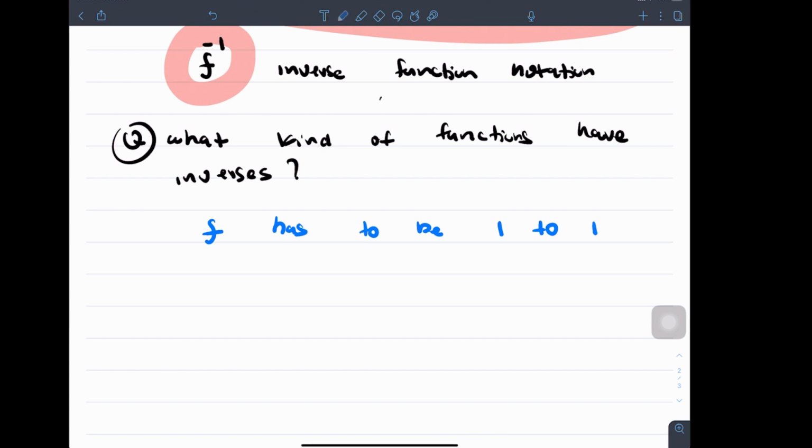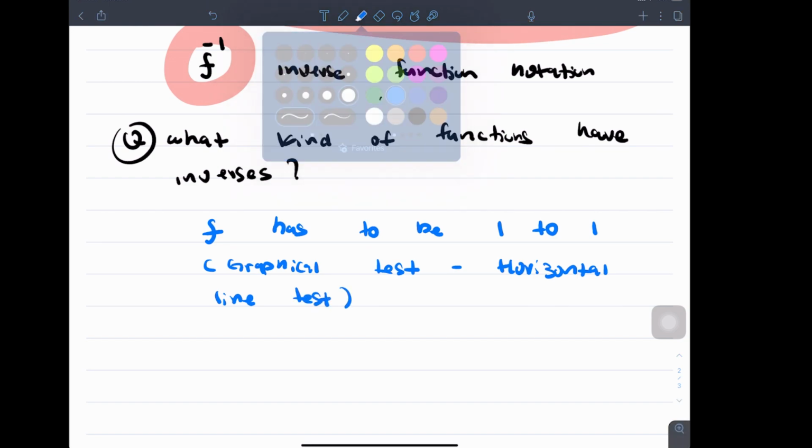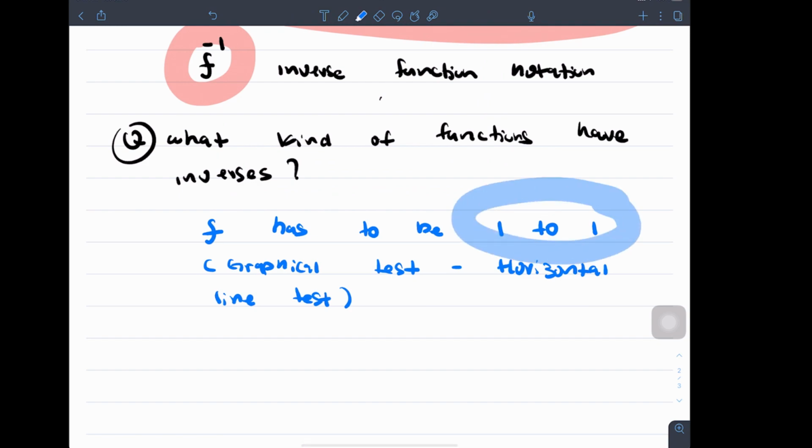In fact, you have a graphical test. What's the graphical test to being 1 to 1? You guys know what it's called? Yep. The horizontal line test. So your function has to be 1 to 1, and it's the horizontal line test.